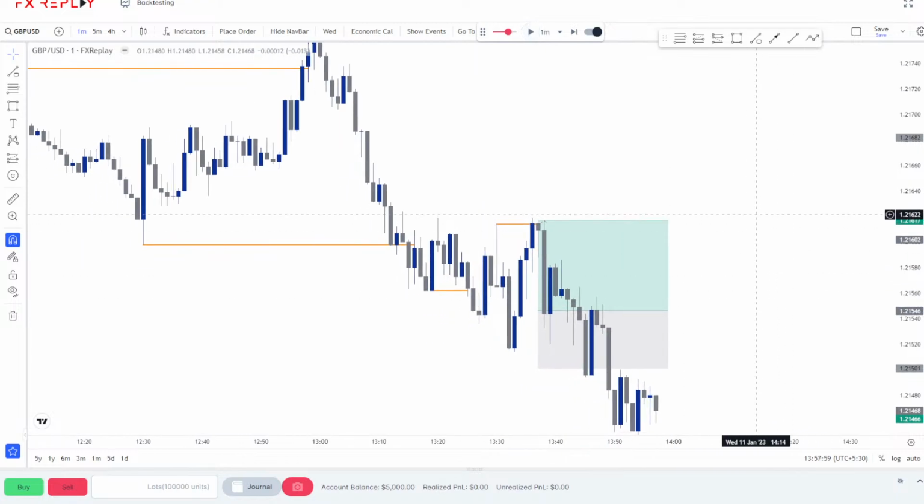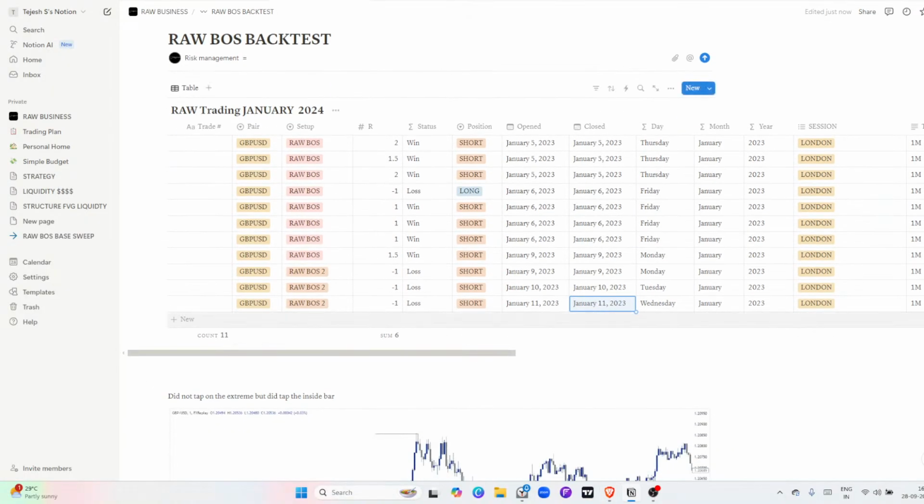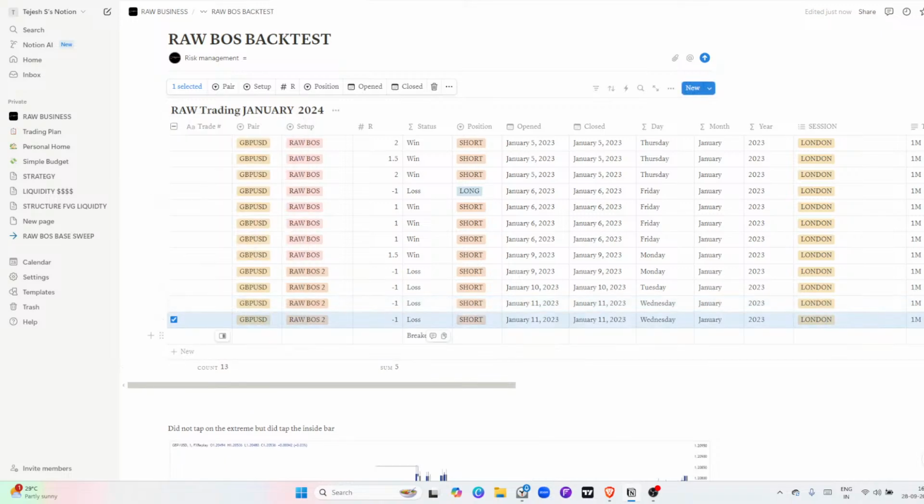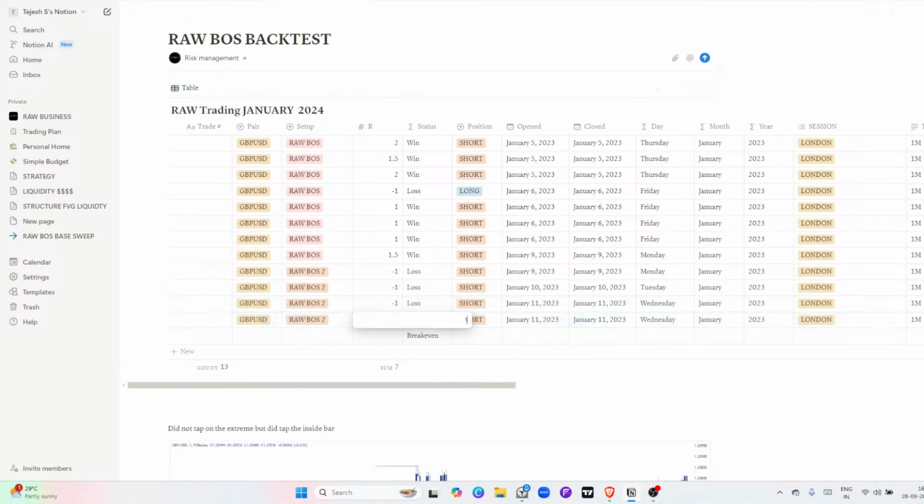Actually, it just took out the liquidity. It's fine, losses happen, but we need to just trust our system. Okay, that's one.